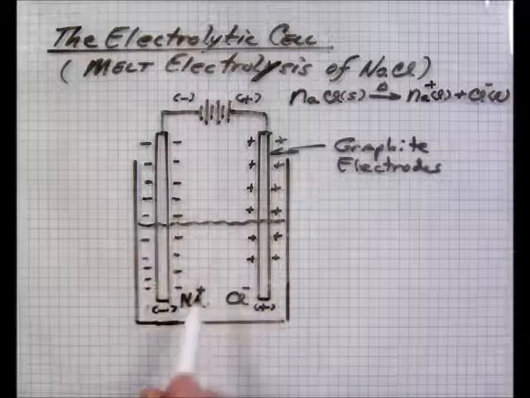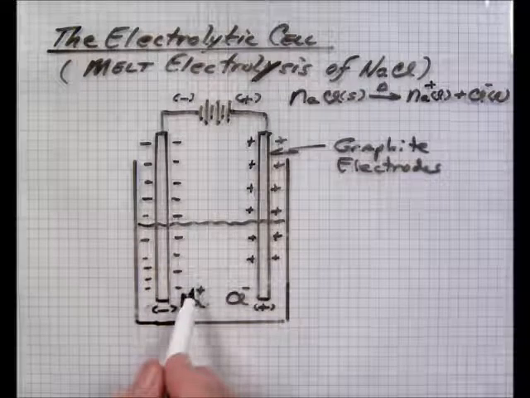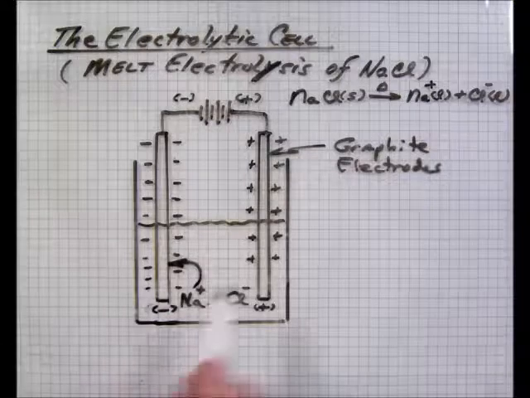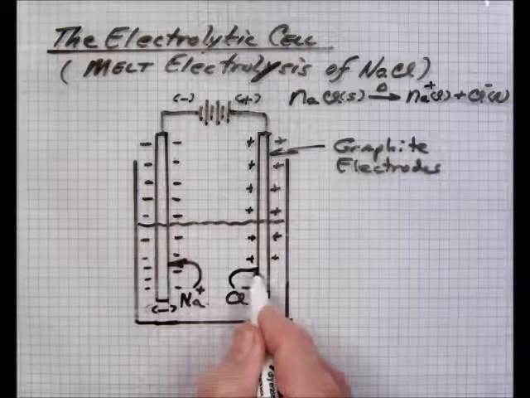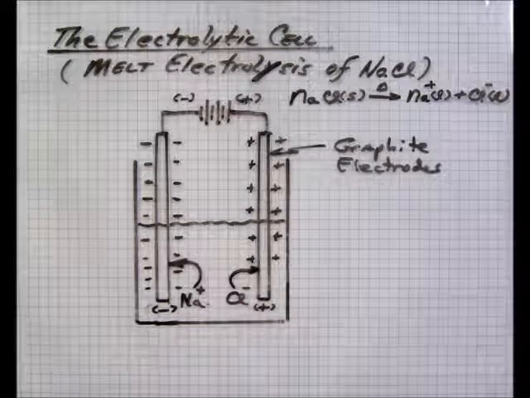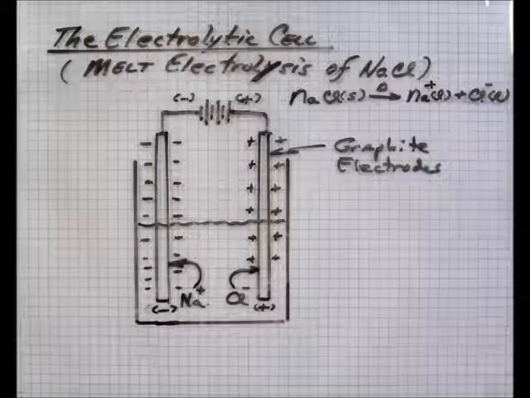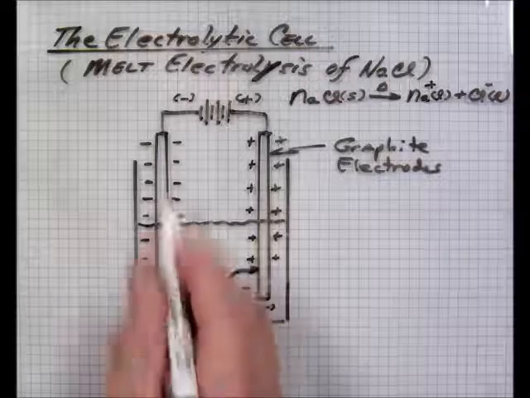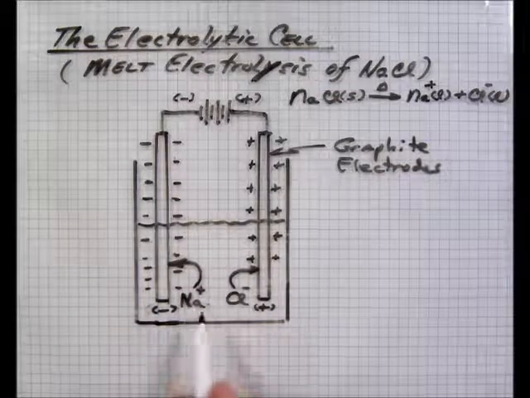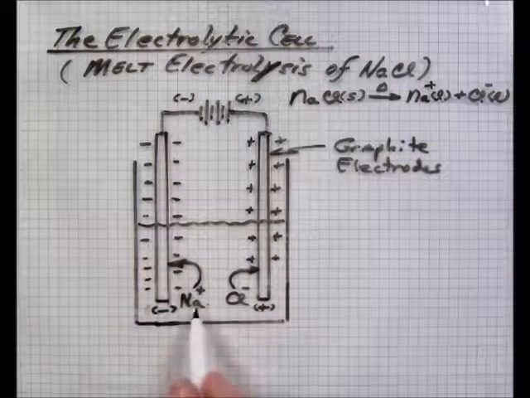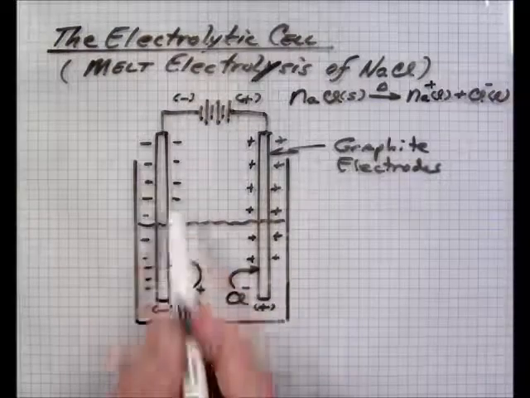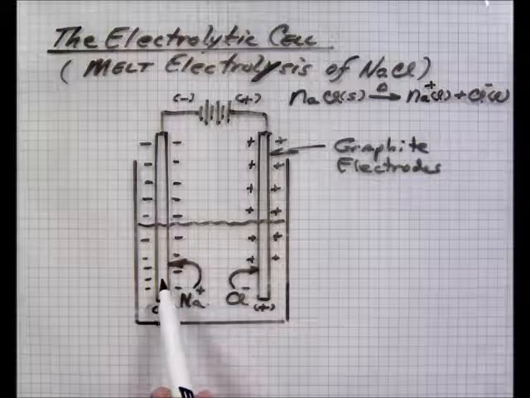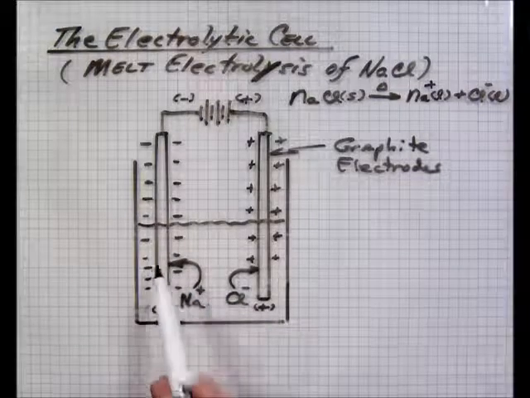Now, the cations, opposite charges, are attracted to this electrode, and the chlorides are certainly attracted to the positive electrode. At this pole, sodium will undergo a reduction reaction, because this will take off some of the excess negative charge in this electrode.